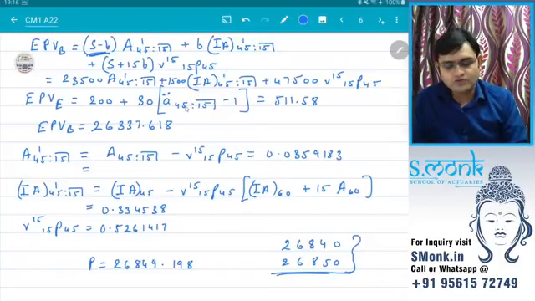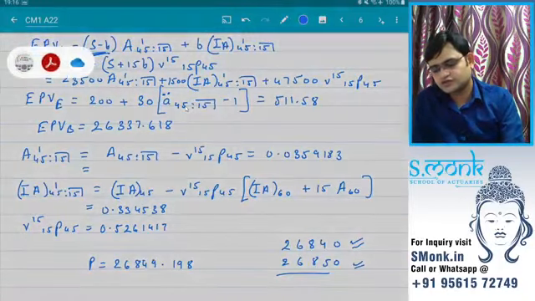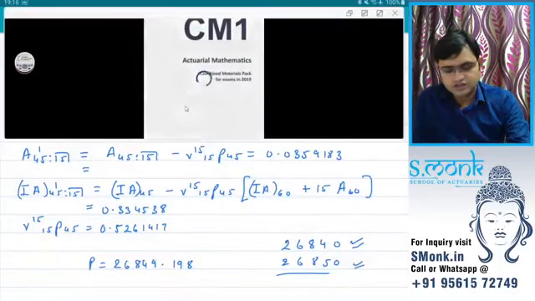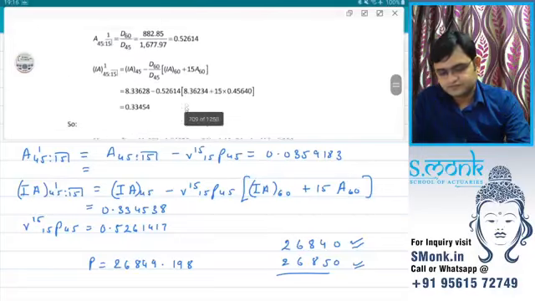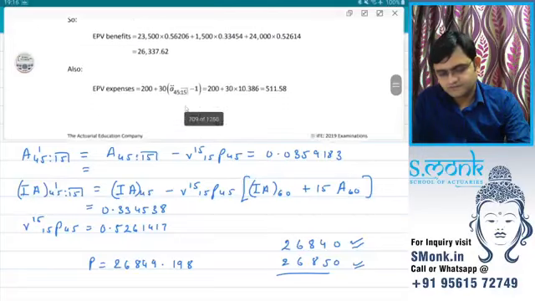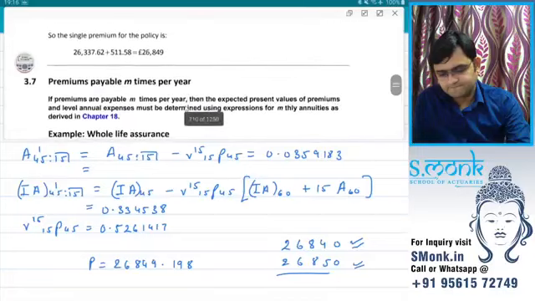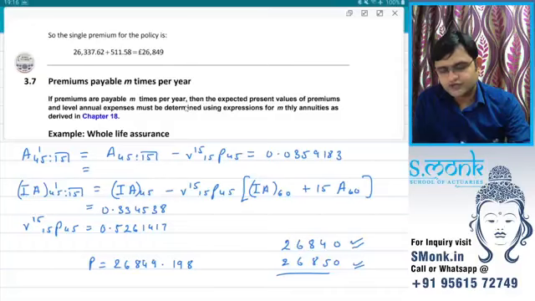If you round it off, it should give you either this or this. Okay, so both will be accepted. Let's see what is the answer in the book. Yes, you can see 26849.